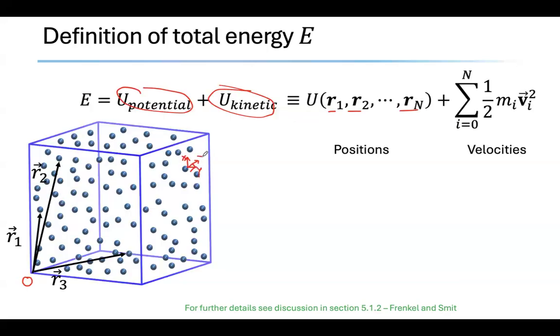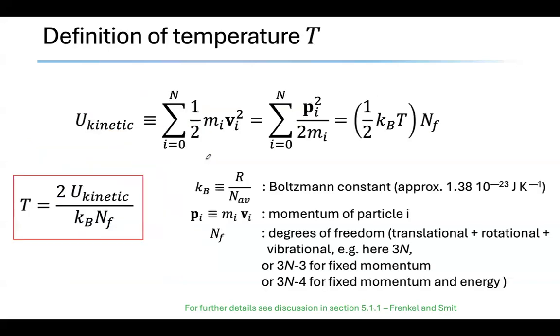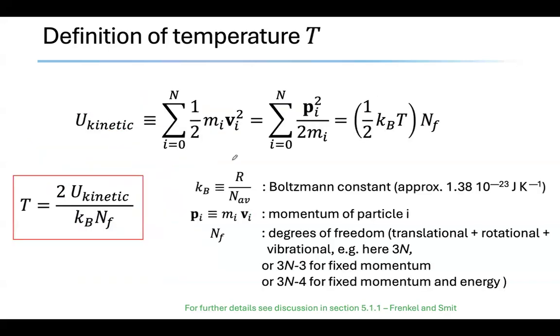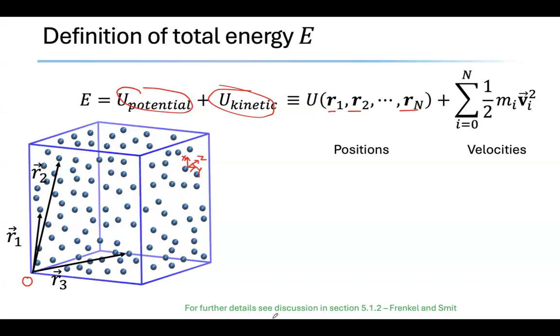Sorry for that. And this is z. All right. So these are the velocities. So in a system, if you want to calculate the total energy, this is how you would do it. Now, if you want further details regarding this, you can read section 5.1.2 that's available in Frenkel and Smith.